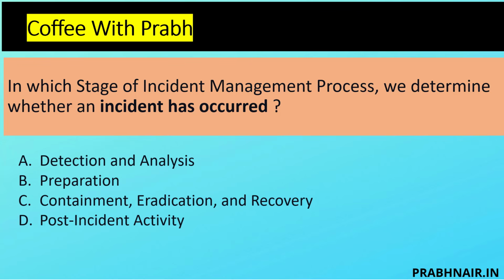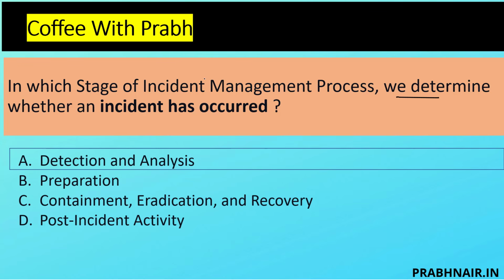In containment, we isolate, remove the system from the network, remove the malware, and restore the system back to production, and then we have lessons learned. The question is specifically asking in which stage we determine whether an incident has occurred, and that is the answer, A for Alpha, detection and analysis, because this is the stage where we confirm whether it's a true incident or not. Not necessarily every incident a user has reported is a true incident, which is why we confirm in this stage.